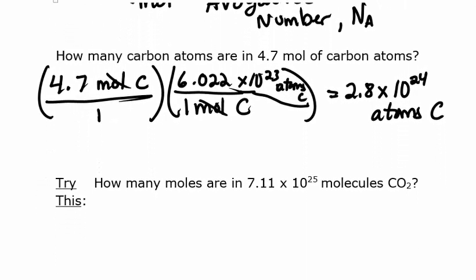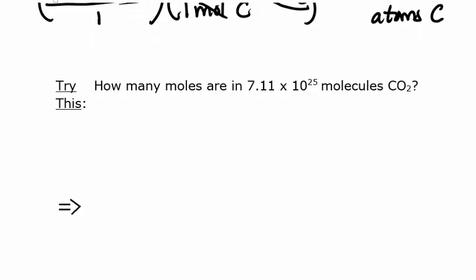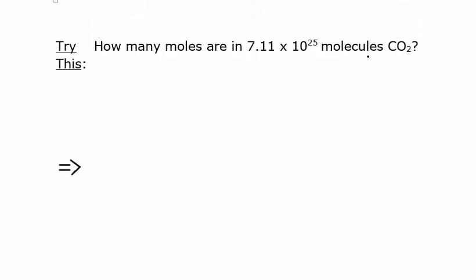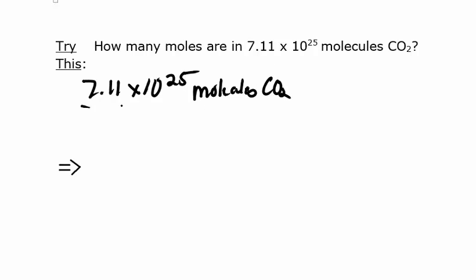Now you try a conversion using that same conversion factor, only you're going backwards. Start with numbers of molecules and convert to moles. We'll take the number we're given, 7.11 times 10 to the 25th molecules of CO2. Put that over 1.